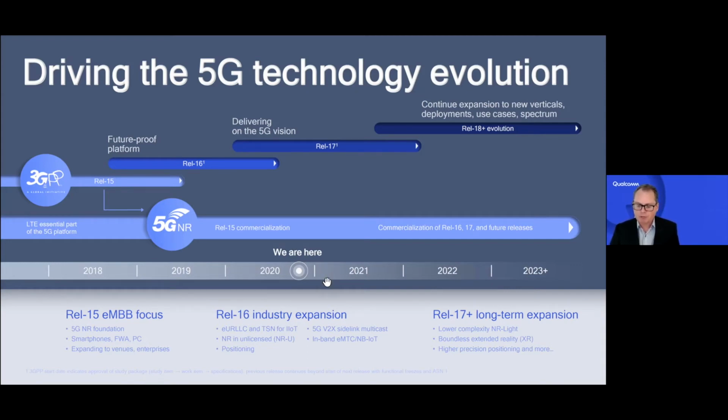When we look at Release 17 plus, there are a lot of other longer term concepts related to even lower complexity, things like higher precision positioning, taking 5G into that next evolution of deployments. We have now just begun the global standardization of Release 17, and at the same time, the research targeting Release 18, 19, 20, and onwards into 6G is already happening.